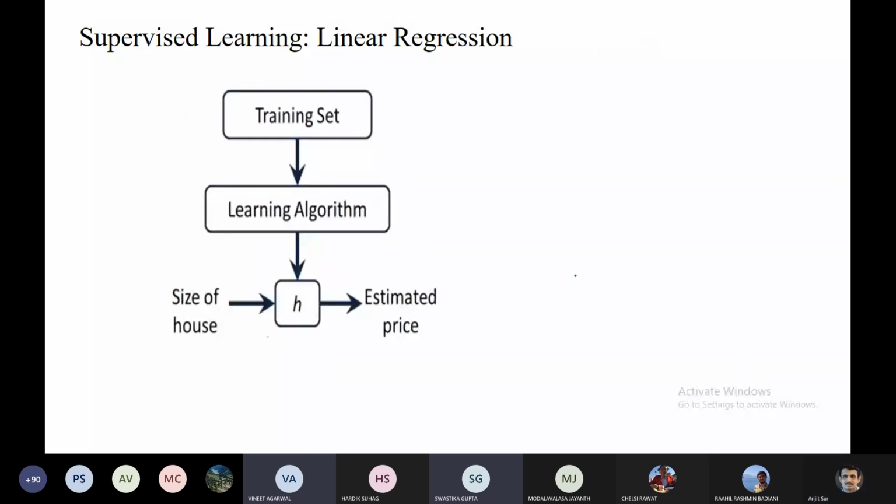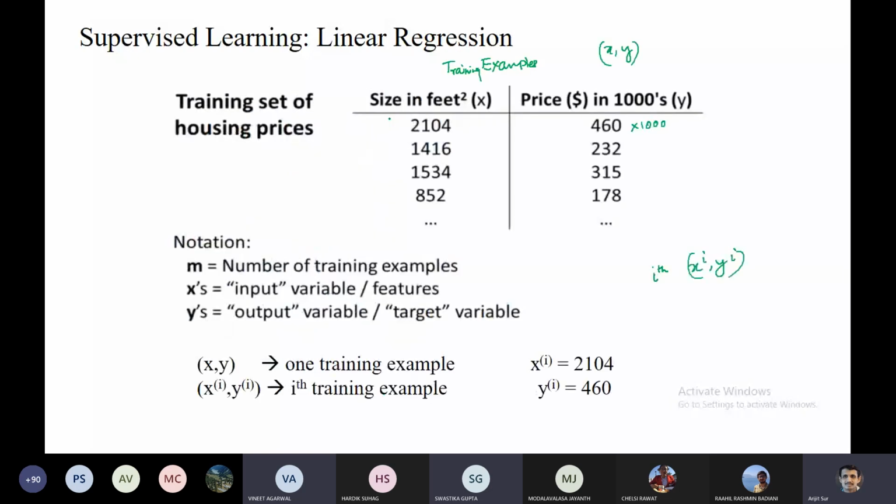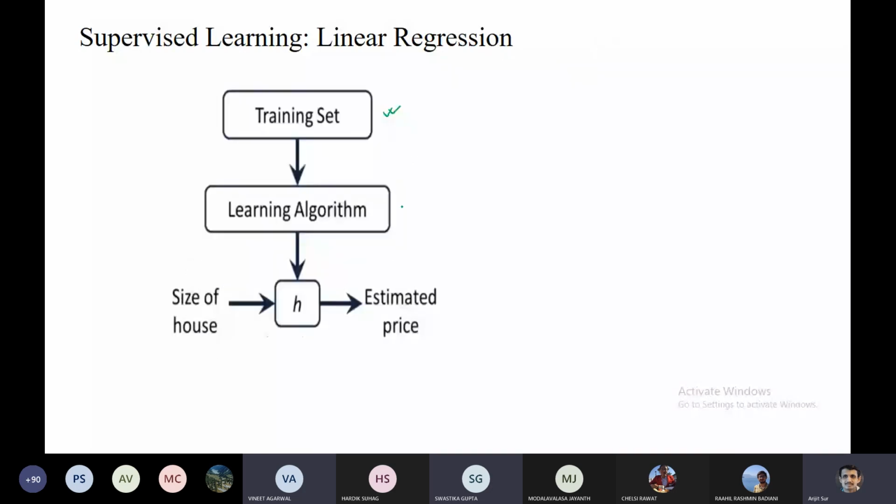That part is just given: the training set. Now, based on this training set, we are going to find a learning algorithm. That is important: how we get the learning algorithm.